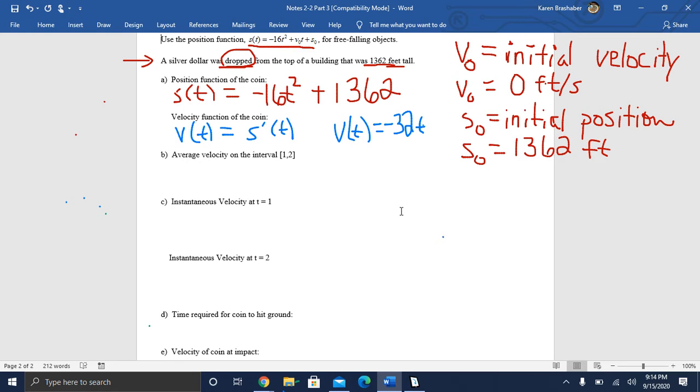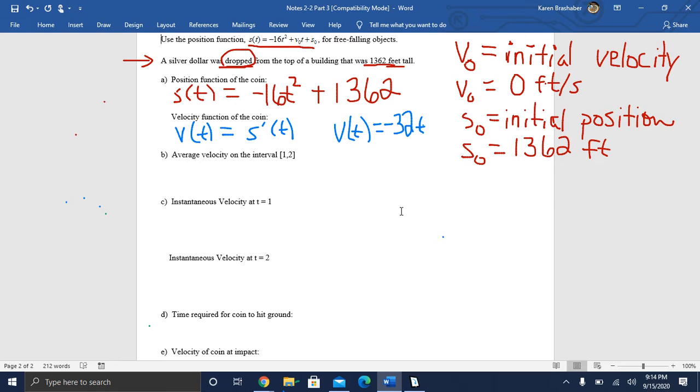Now, one thing about doing the calculus, you do have a tendency to lose the meaning of the units. So you're going to need to know that velocity for this problem is measured in feet per second, and the position is measured in feet.